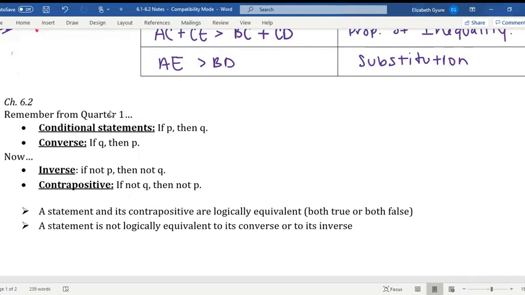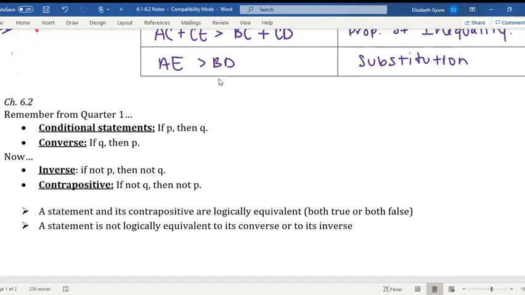We also learned about the converse, which means reverse. If Q, then P. Sometimes these statements were true, sometimes false. Typically, your conditional statement is true. Your converse does not necessarily have to be true, because when you reverse the order of a statement, it means something different.